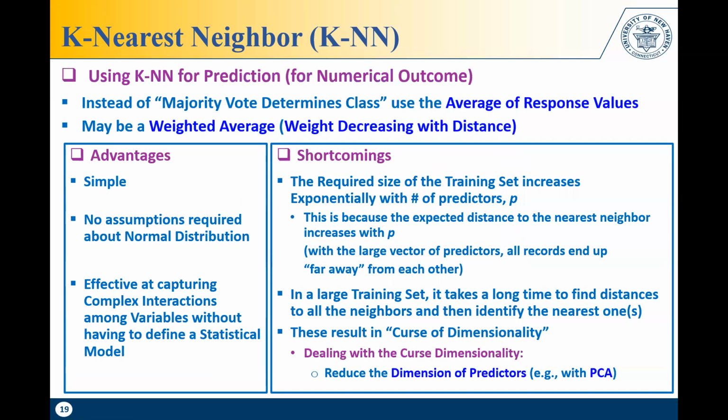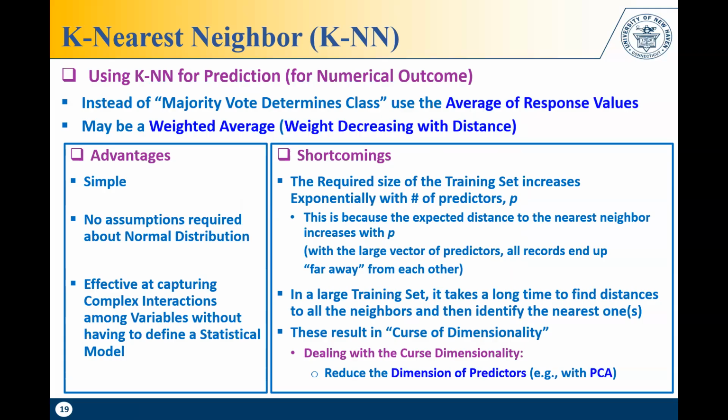We also can use KNN for predicting a numerical outcome. In this case, instead of majority votes determining the class, we use the average of response values. It could be a weighted average in which the weights decrease with distance, meaning the higher distance gets the lower weights.